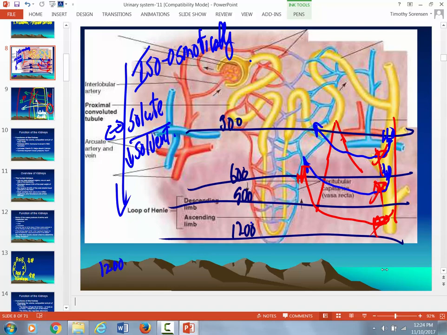What's the goal of the cardiovascular system? Maintain blood flow, right? Maintain Q. Say yes. So, what are the two hormones that are used to increase blood pressure? ADH and aldosterone. So you need to understand this.